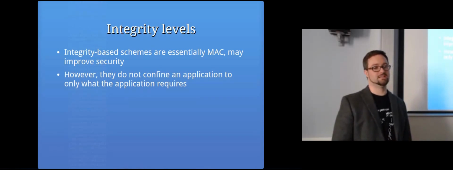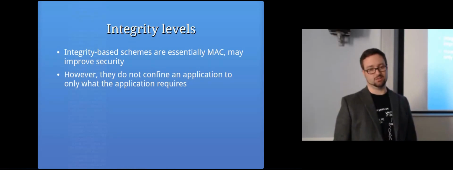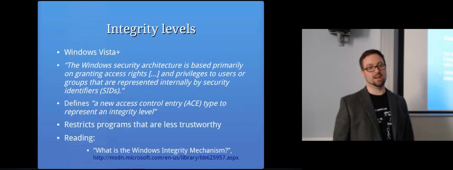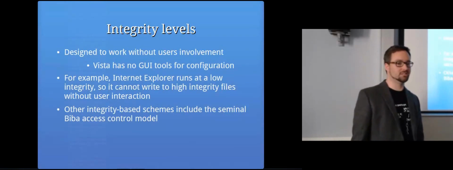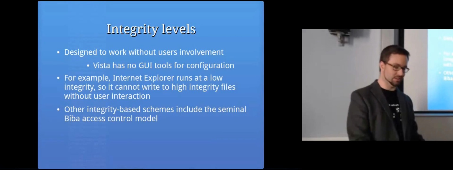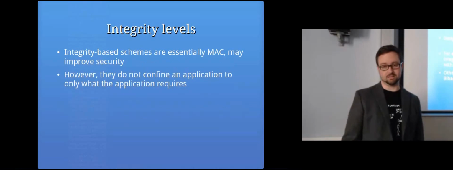So it's not really a sandbox, but it does provide some protection against it doing something malicious. But then again, if you have a whole bunch of programs that you don't trust, and you put them at a lower integrity level, well, they can all interact with each other and mess with each other's files, just not with everything else that's on the system.